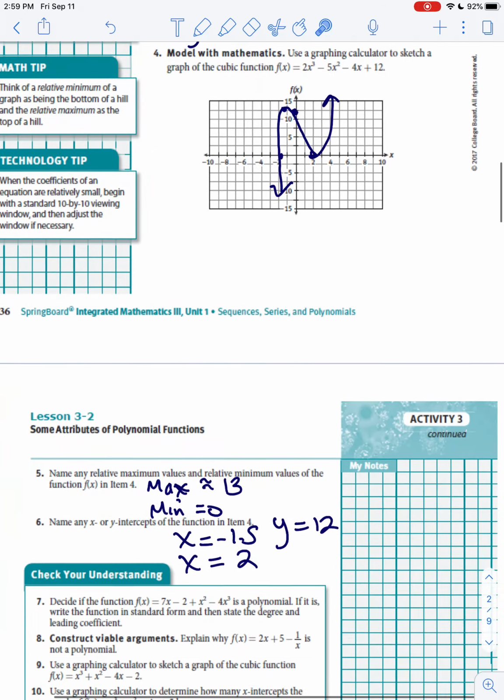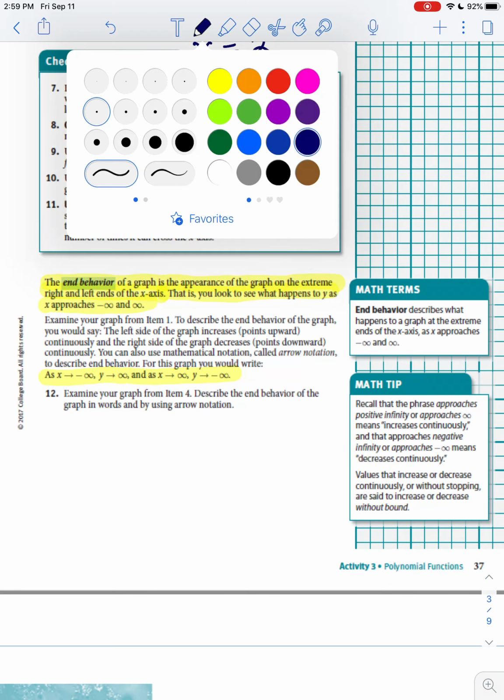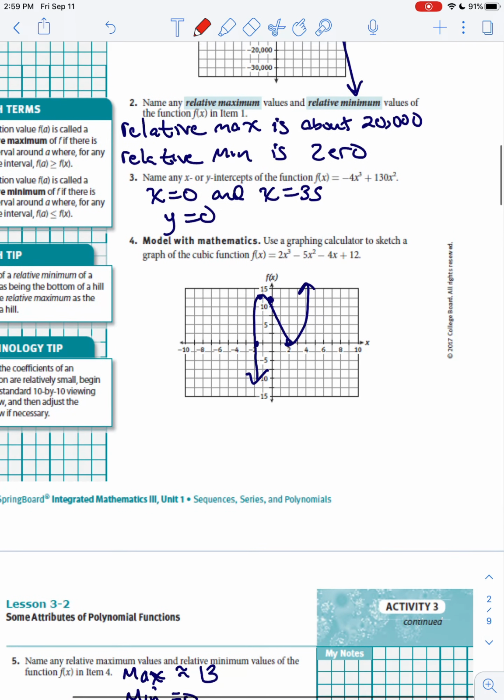That's the notation that we would use. And so they tell us that right here. As x approaches negative infinity, y approaches infinity. And as x approaches infinity, y approaches negative infinity. So now we want to do that ourselves. So let's try that on problem number 4. That's the one we just sketched ourselves right there.